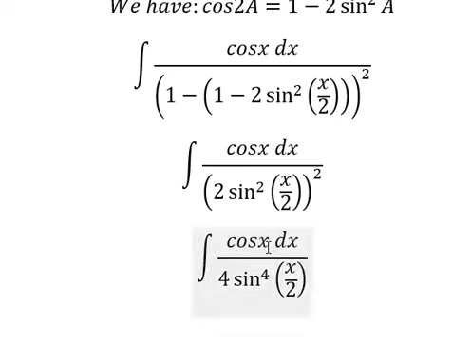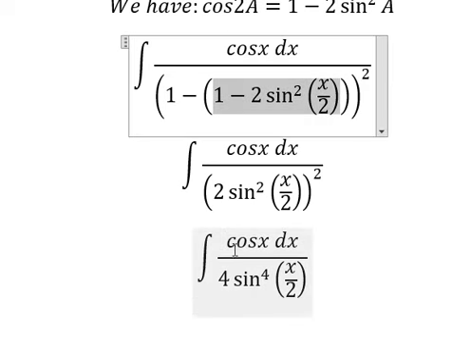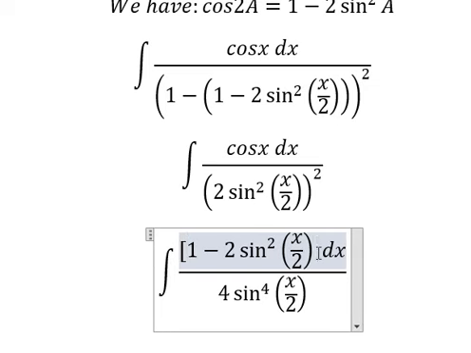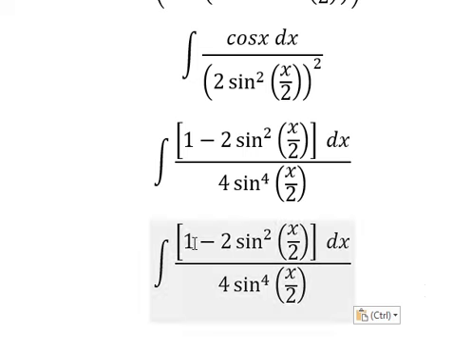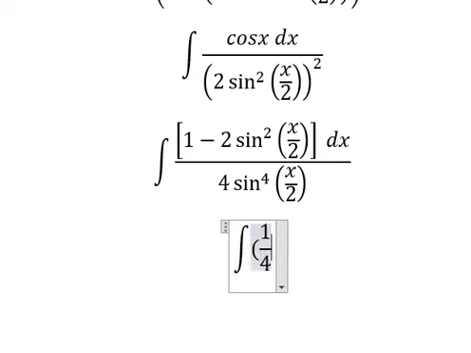Next, about cosine x, that is similar for this one. So we have number 1 divided by this one, and this one divided by this one. So we have like this.